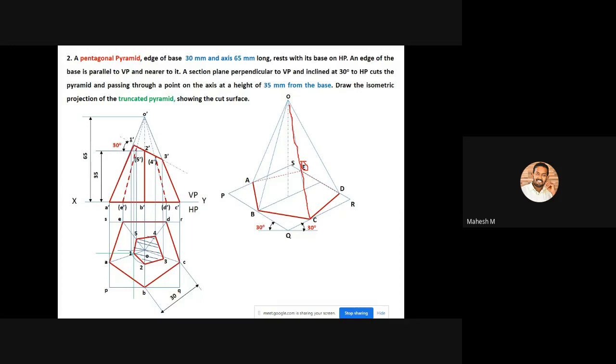Okay, so our next step is that you can measure the distance of each cutting point. In isometric projection, I already told you that it is a 3D diagram, that means a three-dimensional diagram. Each and every corner is having 3 dimensions.